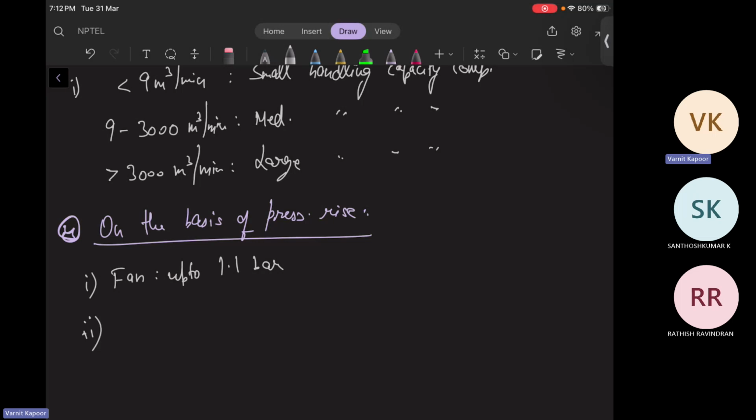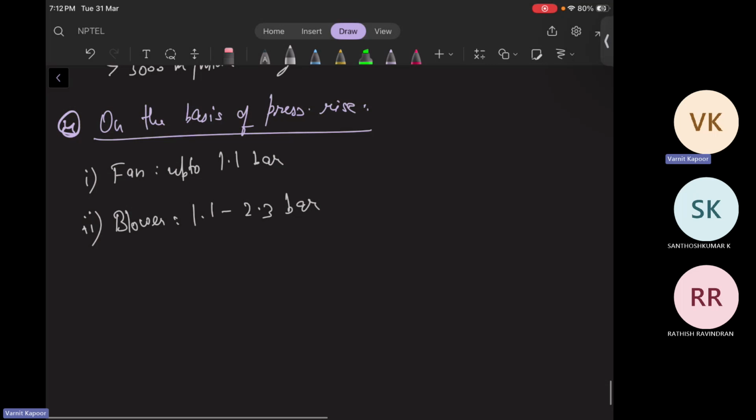Second, blowers are there, where 1.1 to 2.3 bars. Third is your actual compressors, that is above 2.3. Compressors above 2.3.